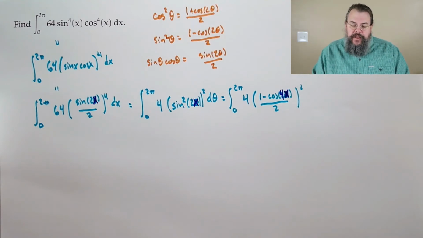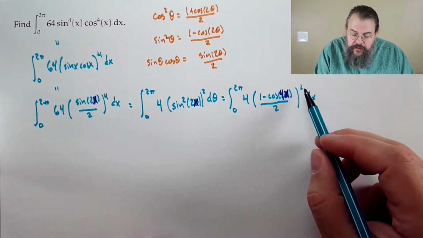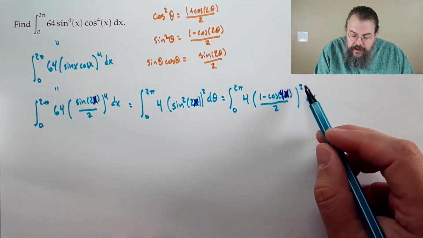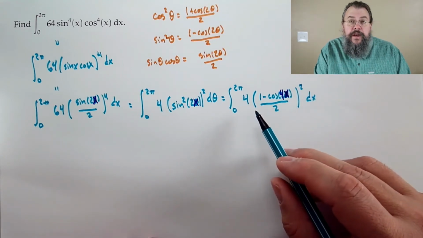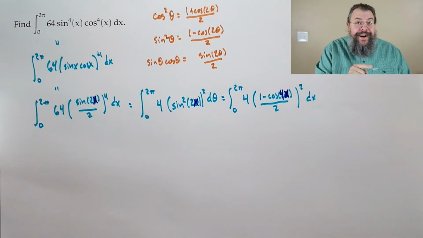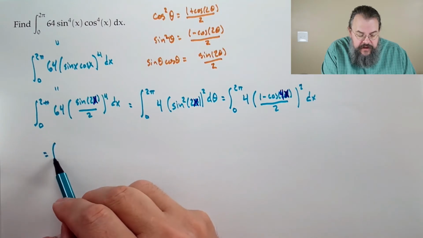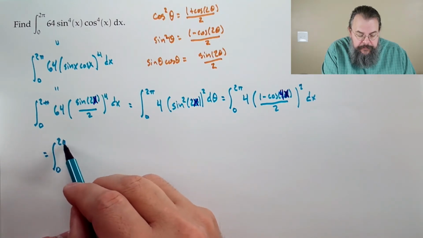Keep going. Now, the nice thing here is that when we square the 2 in the denominator, that'd be 4, which cancels with that 4. All right. Woohoo! Cancellation. Nice. Good. So, what do we have? Well, we have that this is integral 0 to 2 pi.